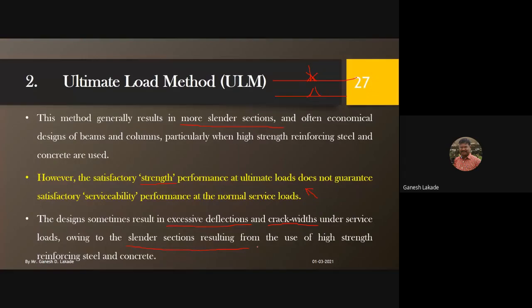Slender sections means the dimensions of the sections we get in the ultimate load method are comparatively much smaller than in the working stress method. Being slender sections, the deflections in the member will be more. Okay, and as the deflection is more, we again cannot use that particular structure satisfactorily.